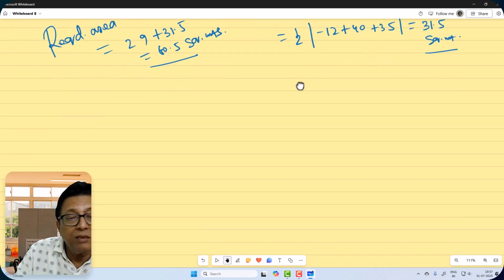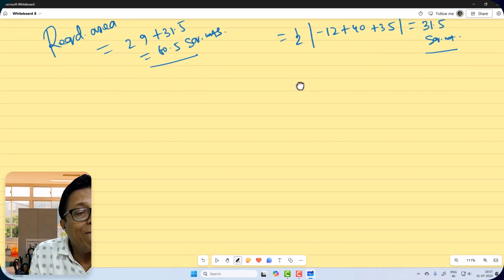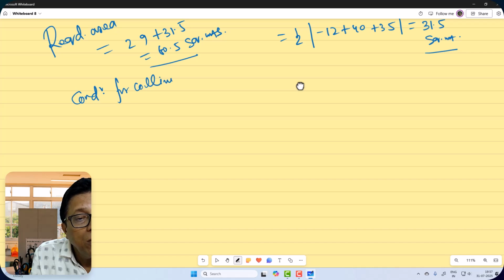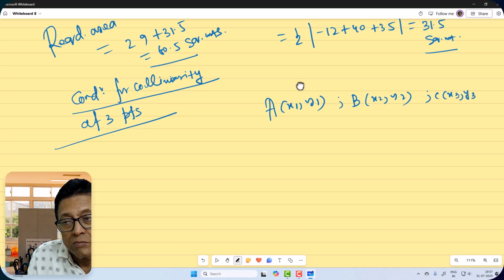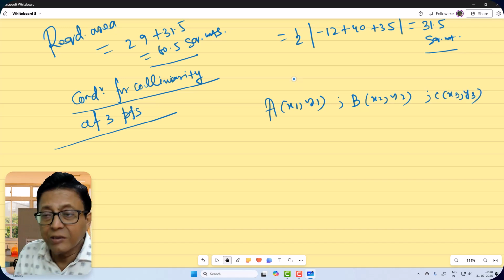Under what condition 3 points, condition for collinearity of 3 points. If 3 points lie on the same line, no triangle can be formed. (x3, y3).